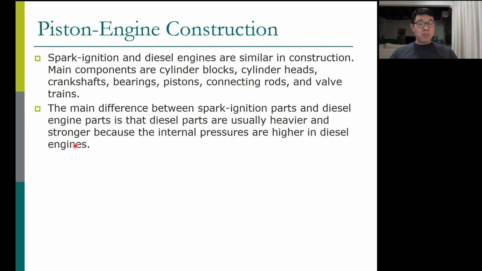Of course, because for diesel we compress a lot, so the pressure inside the combustion chamber is a lot higher than in a gasoline engine, because the compression ratio is a lot higher for diesel.